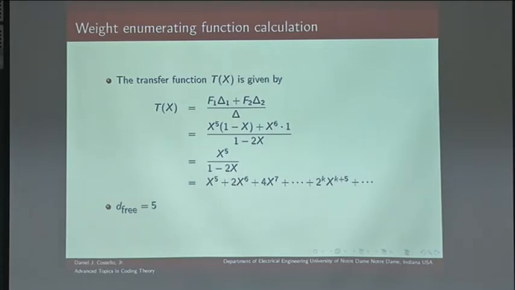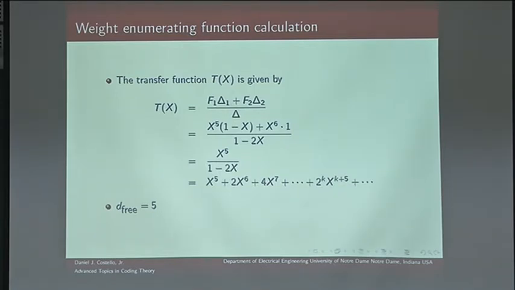So this is very nice for analysis. The only problem is if you get beyond memory about 4, it's really impossible to compute this anymore. So for short codes, you can get this.